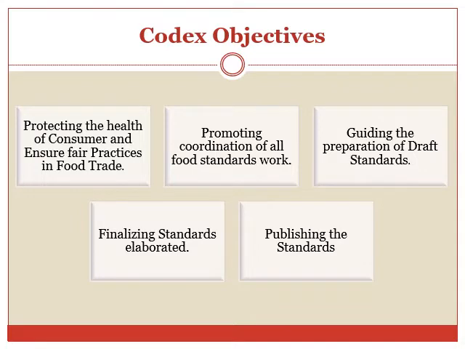The next objective is to determine the priorities and initiate and guide the preparation of draft standards with the aid of appropriate organizations, and then finalize the standards elaborated after their acceptance by governments and publish the standards in a Codex Alimentarius, either as regional or international standards. So these are the five foremost objectives of Codex Alimentarius.